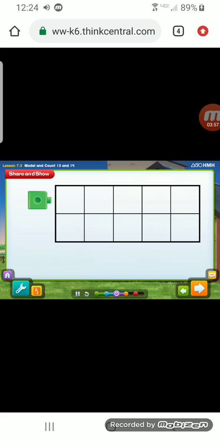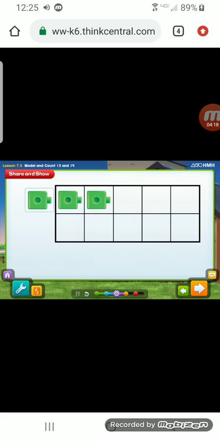Let's use cubes to show the number 13. Click to move a cube into the 10 frame. Great! Now click to move another cube into the 10 frame. Good! Now drag 8 more cubes into the 10 frame until you fill the 10 frame.